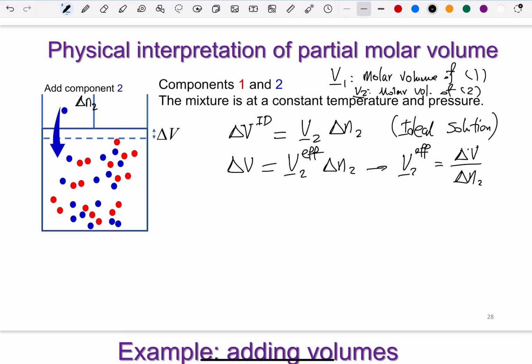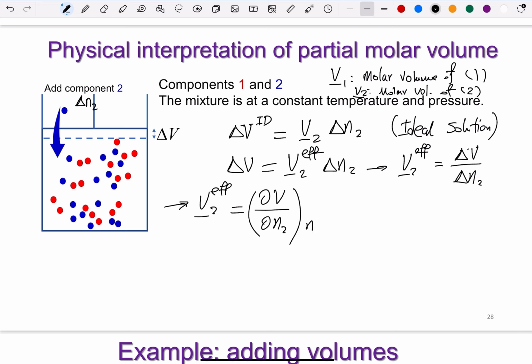So if I add a very tiny amount, my V2 effective, the effective molar volume of component 2, is going to be the derivative of V with respect to N2. I didn't change N1, I didn't change temperature, I didn't change pressure. That's the partial molar volume, right?